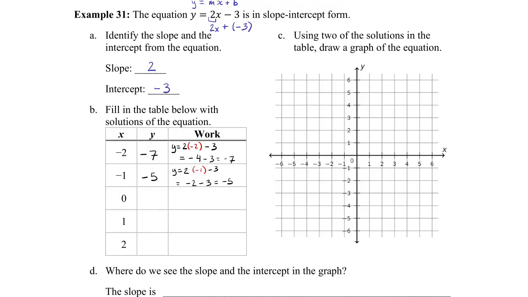Next, if we plug in x is 0, we'll have y is 2 times 0 minus 3. 2 times 0 is easy, right? That's 0. So we have 0 minus 3 is negative 3.